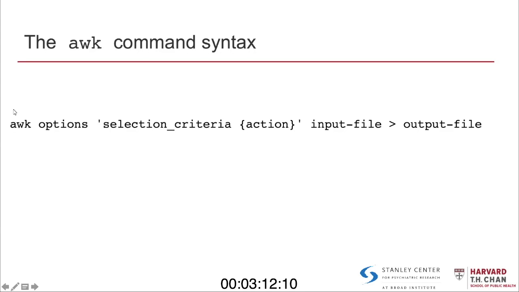You have a space where you can specify some options, a space where you can specify some selection criteria, and a space where you can specify some action. We'll see on the next slides what types of options, selection, and action you can use. Then you put your input file, and by redirecting the output, you can create a new file that will contain all the lines you wanted to keep.